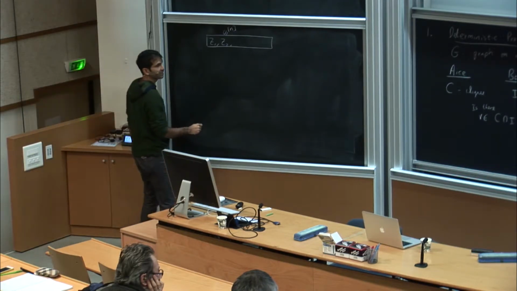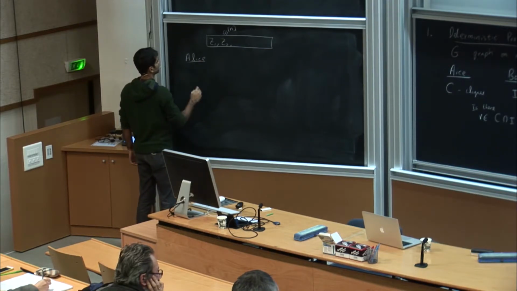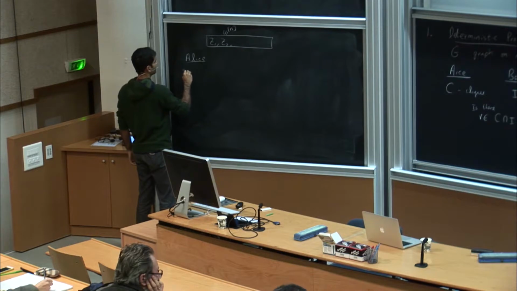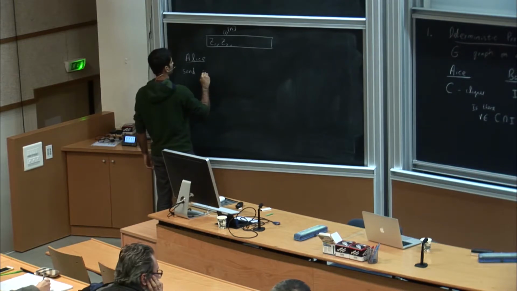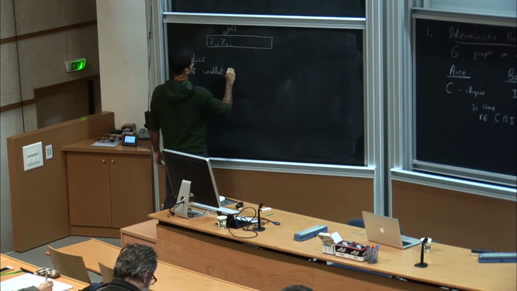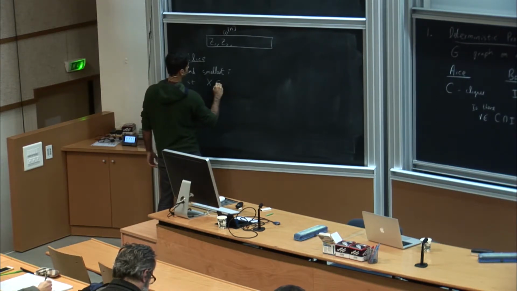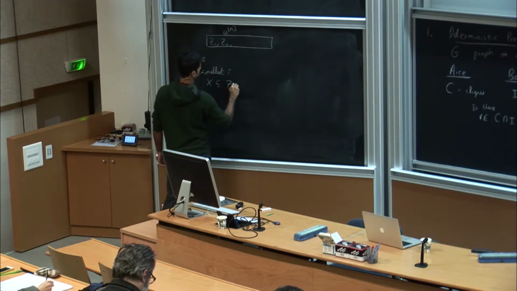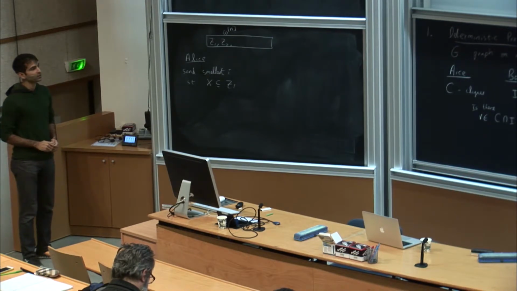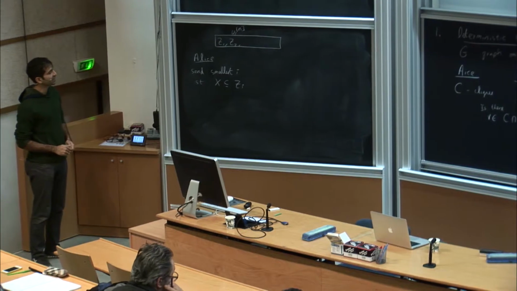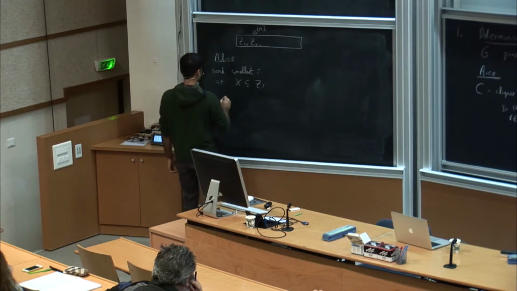And what Alice will send is the index I. So she'll send the smallest index I such that X is contained in Z sub I. And then Bob will do the same.